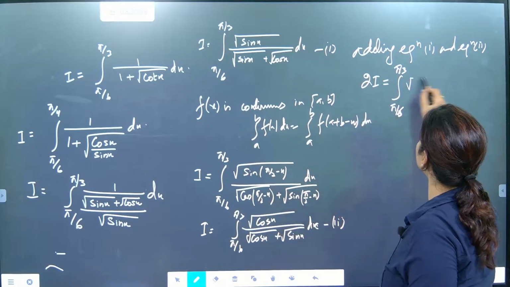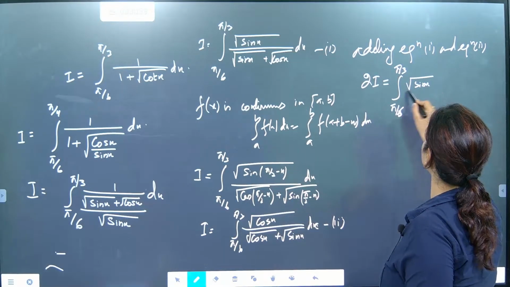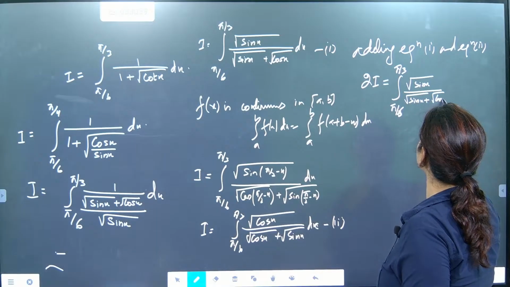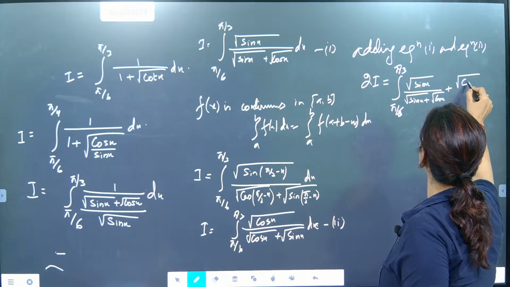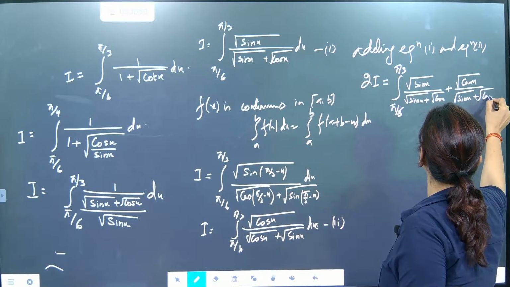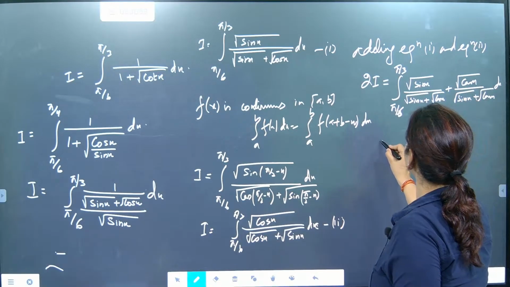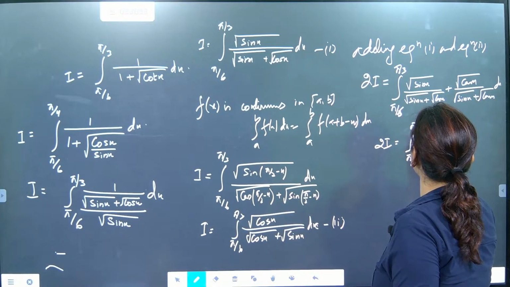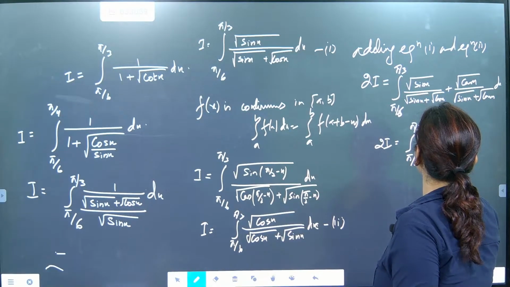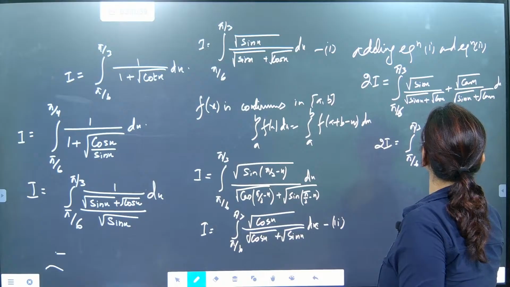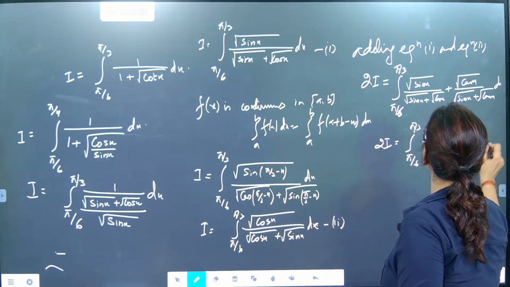So it will be root under sin x by root under sin x plus root under cos x, plus root under cos x by root under sin x plus root under cos x dx. So 2I is equal to the integral from pi by 6 to pi by 3 of root under sin x plus root under cos x by root under sin x plus root under cos x dx.